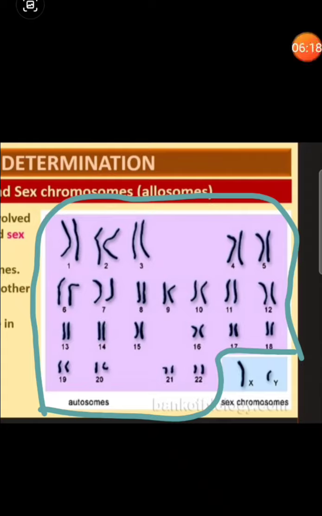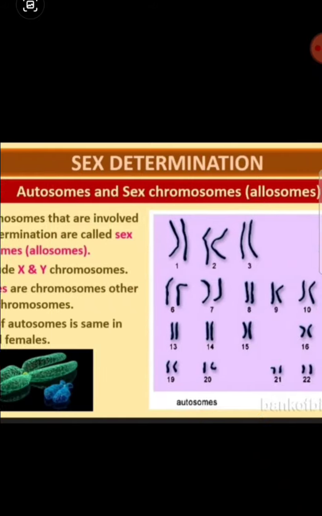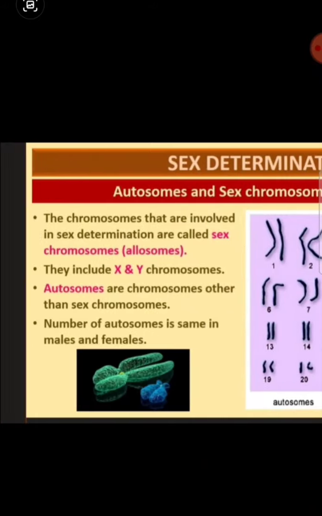So allosomes are nothing but sex chromosomes, and autosomes are the chromosomes other than the sex chromosomes, which are the same in male and female. The chromosomes involved in sex determination are called sex chromosomes or allosomes. They include X and Y chromosomes.